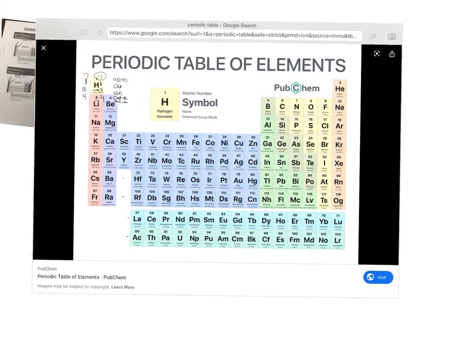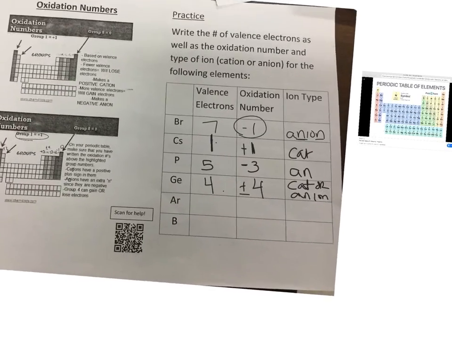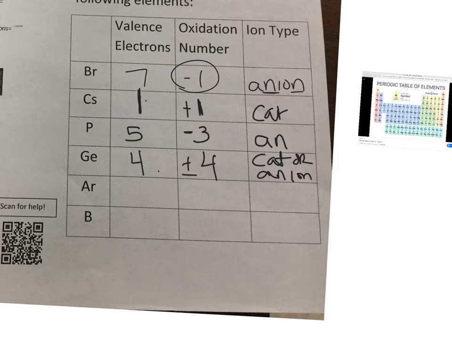It looks like it's already content. It's happy with itself. It doesn't need to do any chemistry to find electrons to make 8 in its outer shell. So since this has 8 valence electrons, its oxidation number is 0. It doesn't give up anything. It doesn't take anything. So we're going to call this a noble gas.